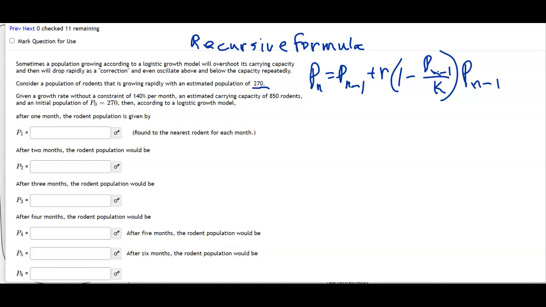Now to do this, we usually plug in a value for p sub n minus 1. And so on our calculator, we're going to use that as the answer case.